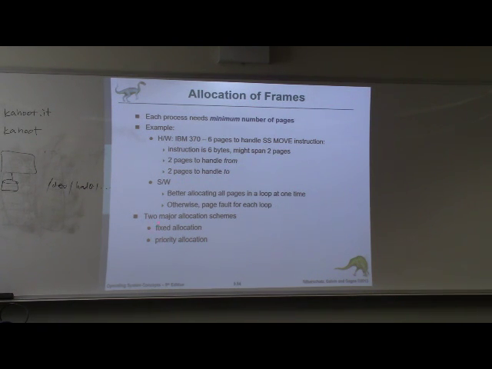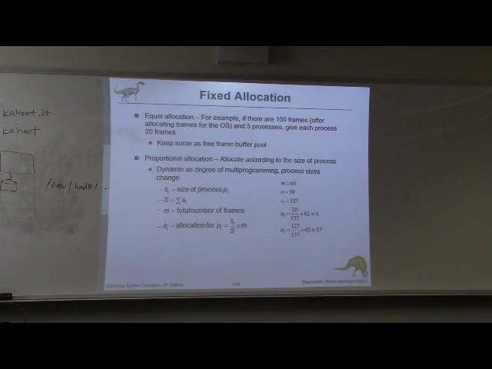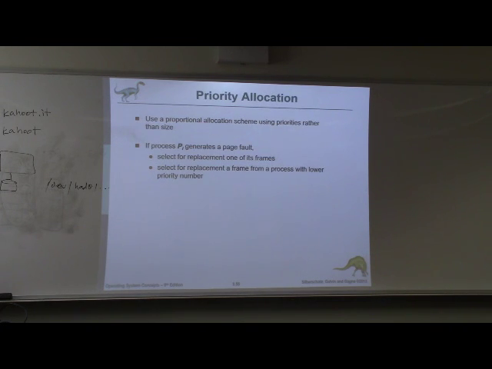Okay, so there are two approaches. One is fixed allocation. Another one is priority allocation. Fixed allocation means the operating system assigns a fixed number of pages for the new process, like 6 pages first, or 10 pages first. However, depending on the priority of the process, some processes need more.